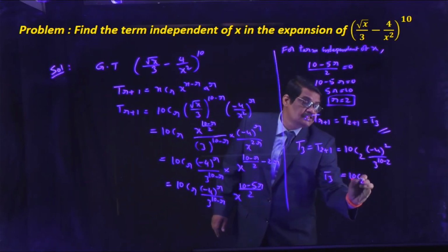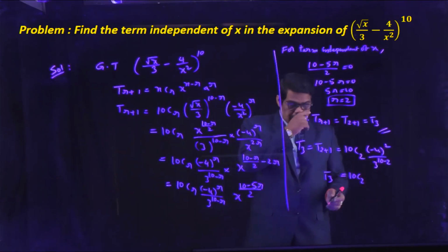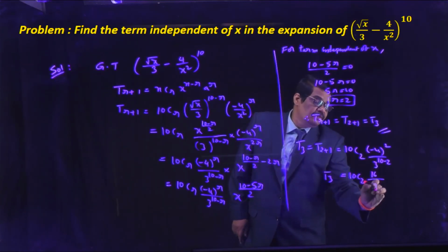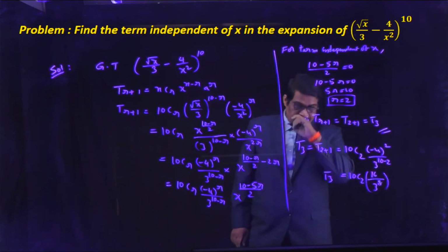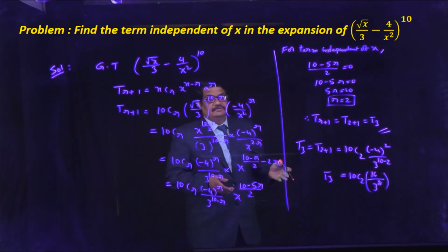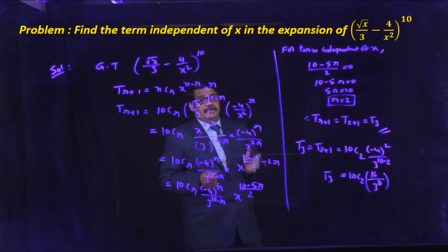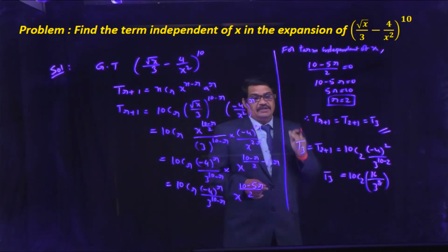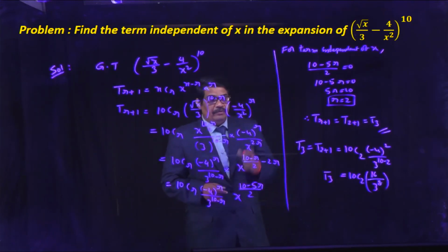That is 10C2 into (−4) squared, that is 16, by 3 power 8, since 10 − 2 is 8. So T3 is 10C2 into 16 by 3^8. That is the term independent of x in the given expression (√x/3 − 4/x²)^10.